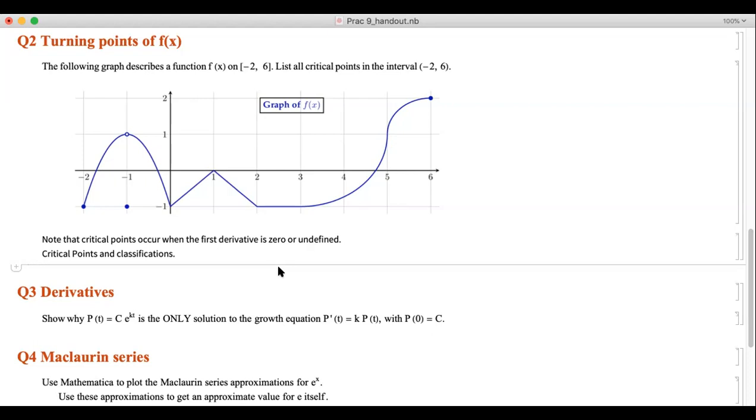Is it x equals -2, -1? We are considering the open interval -2 to 6.